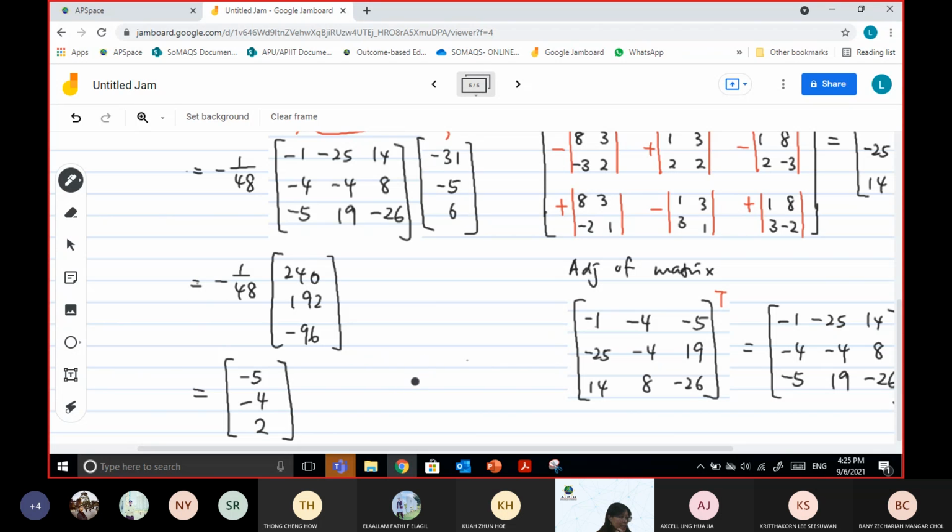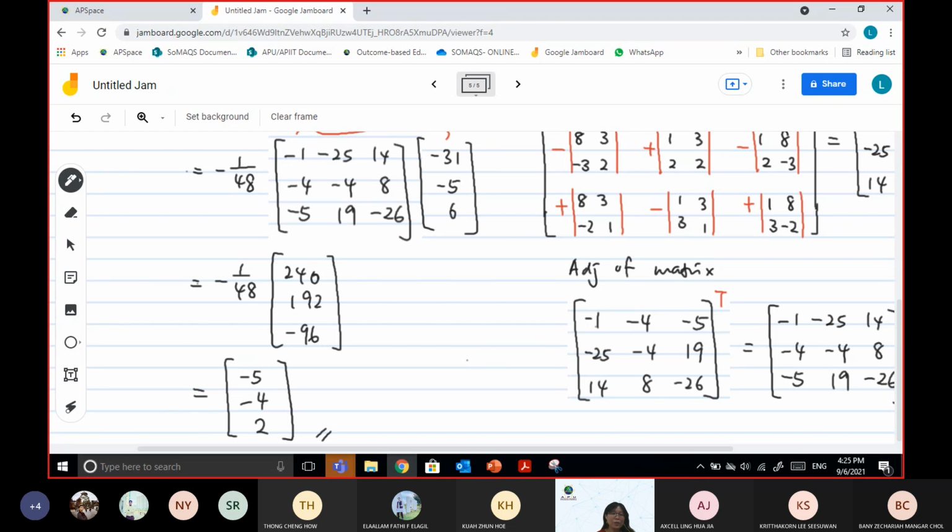Okay, guys, do you get the same answer? Yes, Miss. Okay, so good. I try to slow down for this solution because I am aware that the calculation part is a bit more complicated.